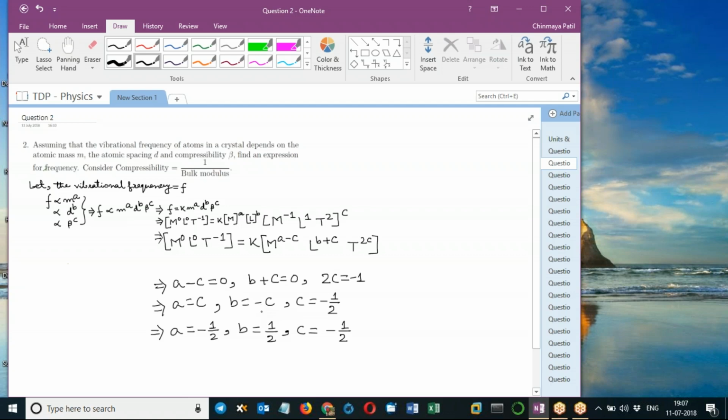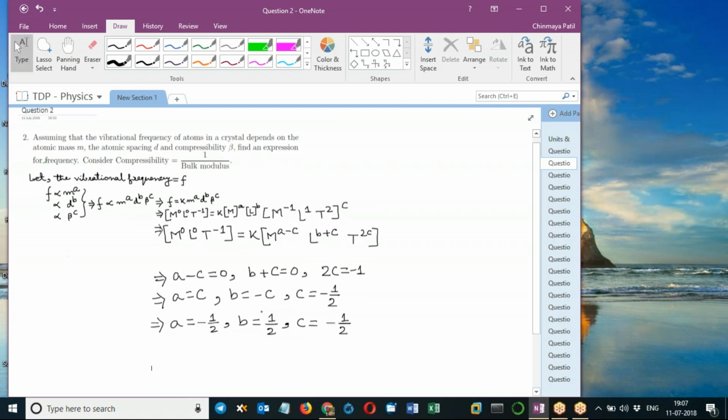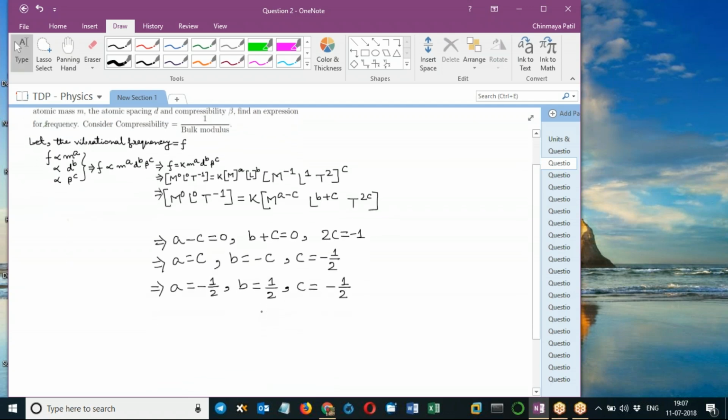That remains. Now, very interesting thing, if you look into this, let me use a different color. Let me explain you. If you look into this one, f is equal to k into m power a d power b into beta power c. I am writing it here now.